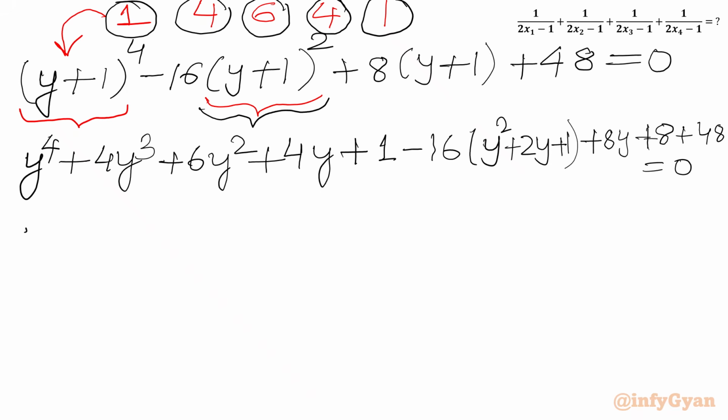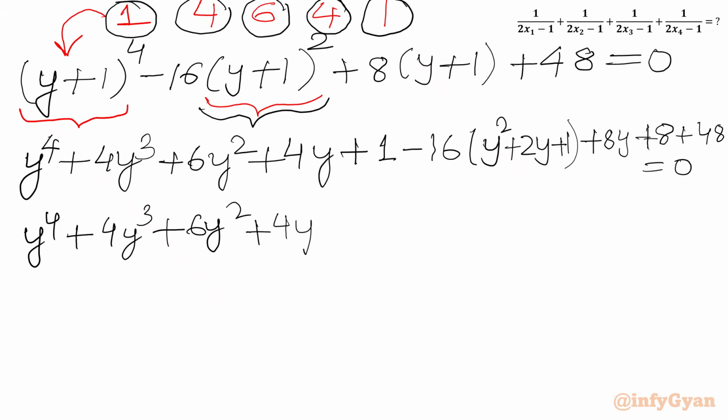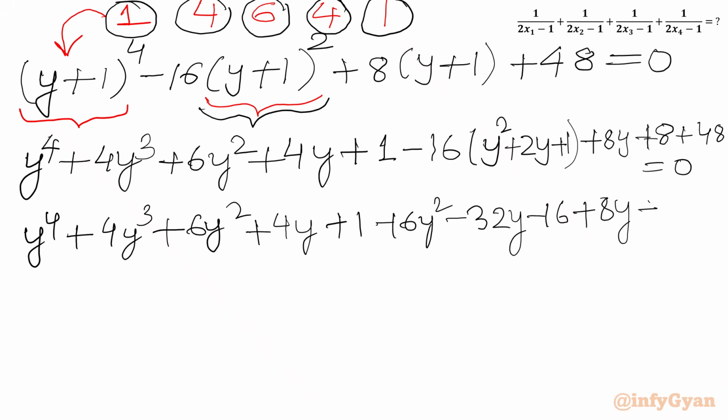Now we will write LHS as y power 4 plus 4y cube plus 6y square plus 4y plus 1 minus 16y square minus 32y minus 16 plus 8y plus 8 plus 48. Let me write 56, equal to 0.